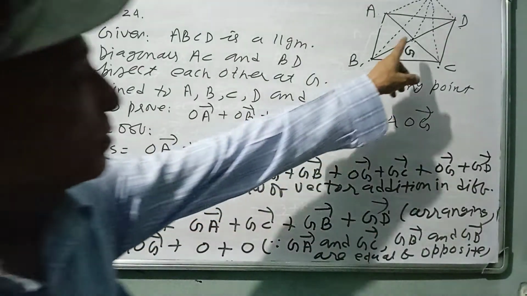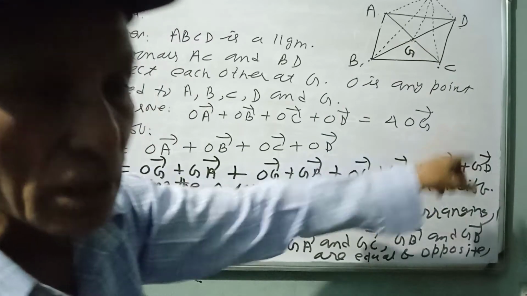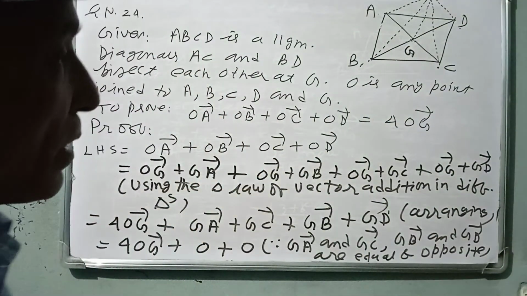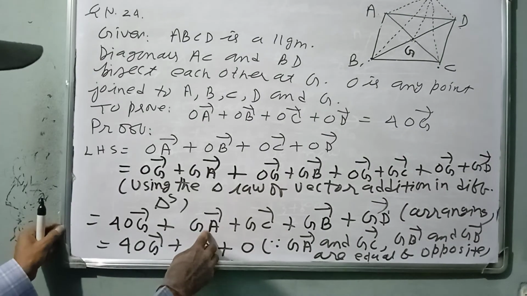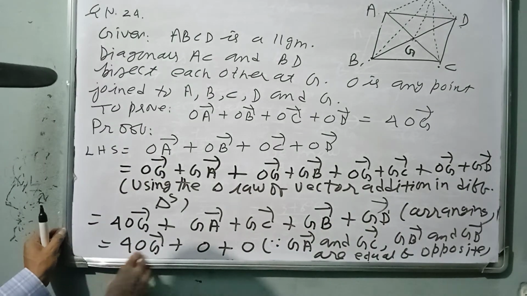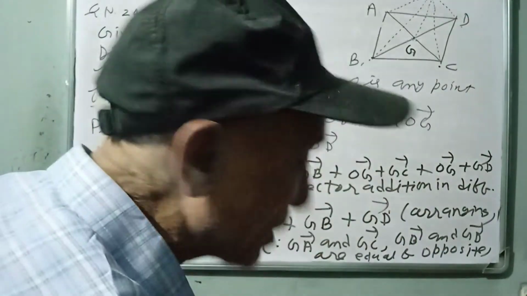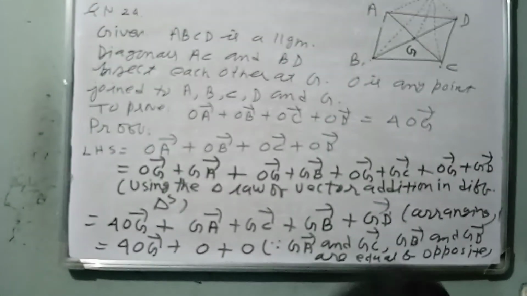Remember, GA is equal to GC in magnitude, opposite in direction. GB and GD are equal in magnitude but opposite in direction. So GA plus GC is 0, GB plus GD is also 0. 4OG plus 0 plus 0.